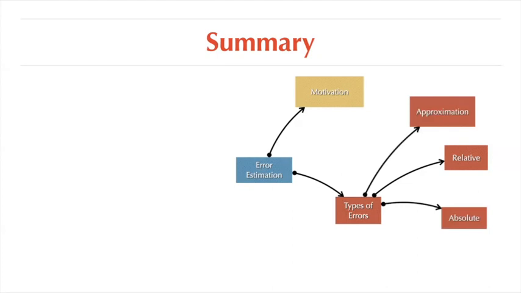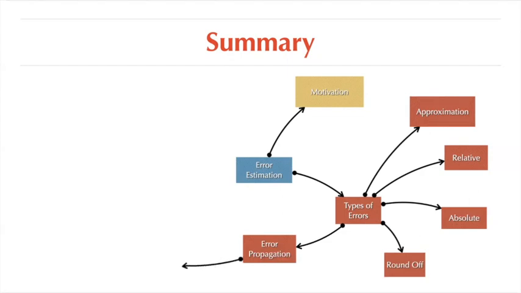Then we also saw that errors can creep in for many different reasons: human error, approximation, and rounding off. Then we talked about error propagation, that if a quantity depends upon many variables, how will the error propagate? And we talked about a special case, catastrophic cancellation, when the numbers that you're subtracting are very close to each other. So always be careful when subtracting two numbers that are very close to each other, as that might lead to a very large error.